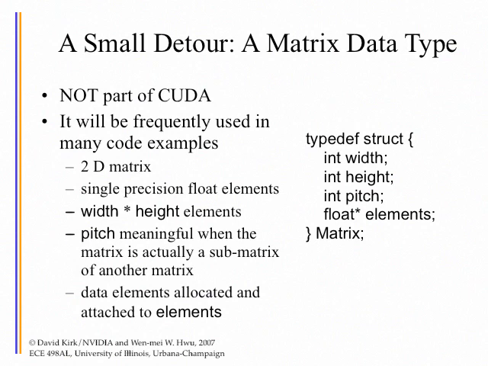The width and height are intuitive, right? The width and the height of the data are those of a two-dimensional matrix. The pitch means that this matrix may be a part of a bigger matrix. If the particular matrix that you're trying to represent here is only a part of a bigger one, then you have a little bit of an issue.